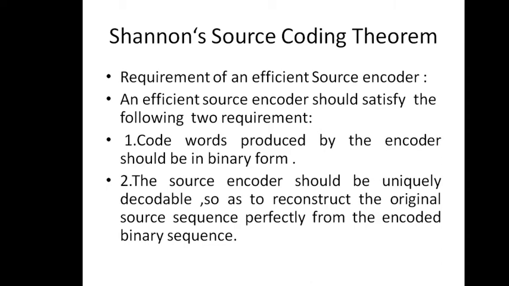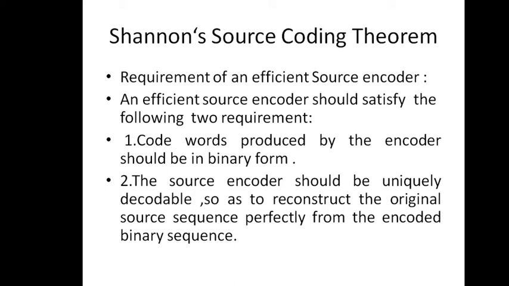What are the requirements for an efficient source encoder? An efficient source encoder satisfies the following two requirements. First, the code produced by the encoder should be in binary format.